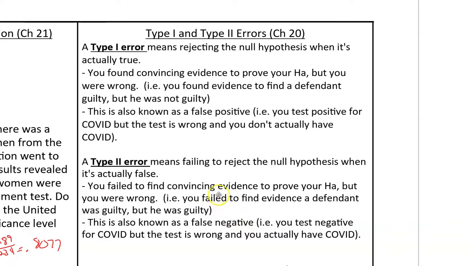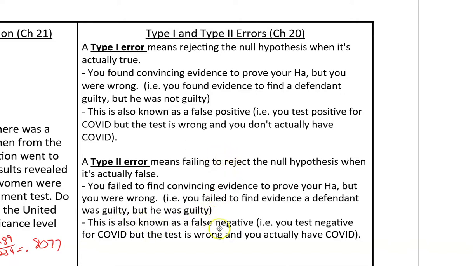In this case, you failed to find evidence he's guilty, but he would walk free, right? So in the type 2 error, you're letting a guilty man walk free. With a type 1 error, we were letting an innocent man go to jail, because we found evidence he was guilty, but he wasn't, right? And for a type 2, we are letting a guilty man go free. So that would be the consequences.